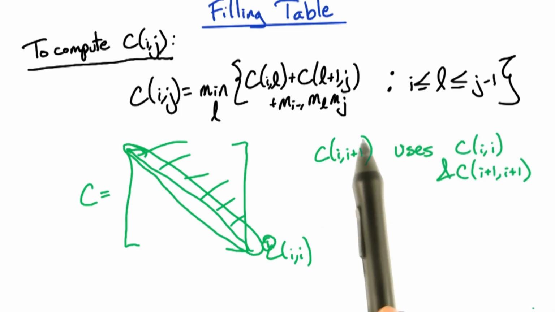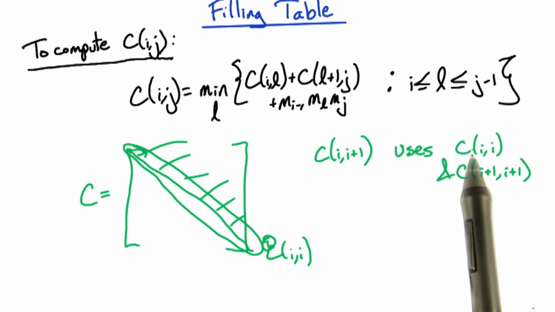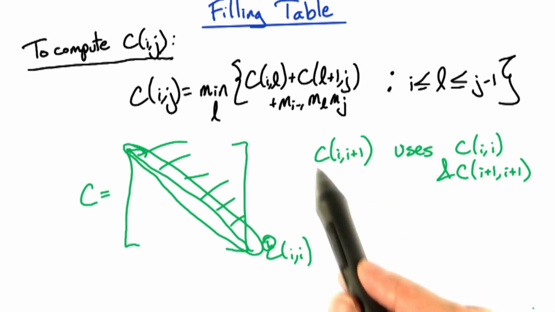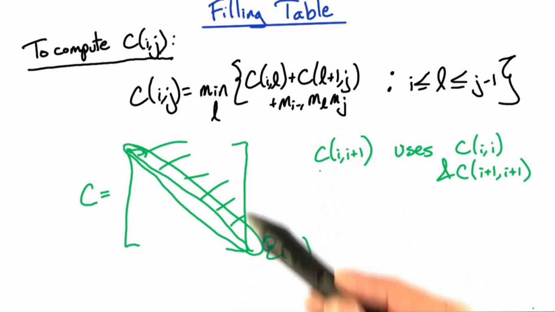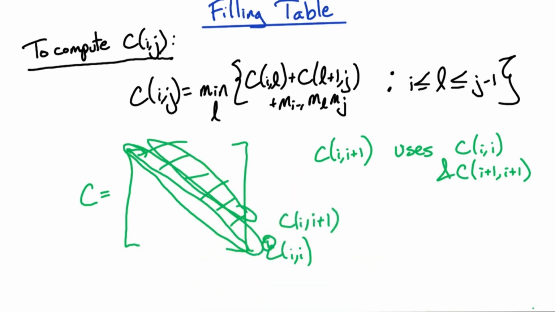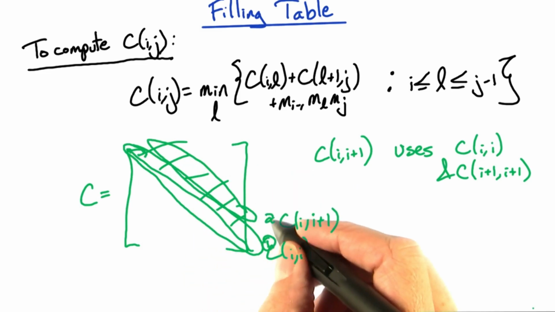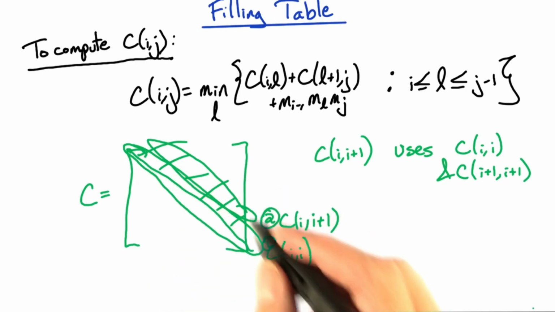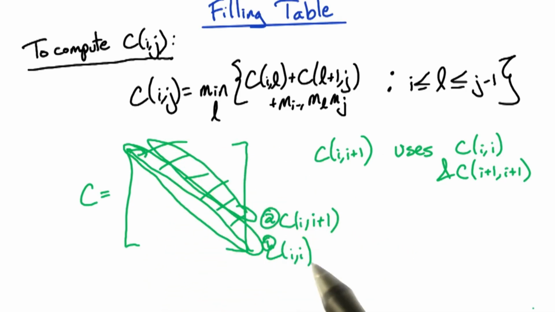So to compute this entry, we use these diagonal entries, which are there in our base case. What do these entries correspond to in our table? These are the off diagonals. These are the second type of entries that we're going to fill in. So we're going to first do the diagonal, and then we're going to do these off diagonals. And in order to compute the off diagonal, we use the diagonal entries.